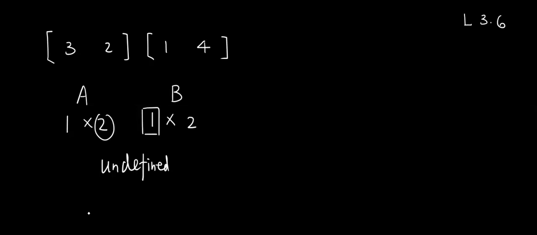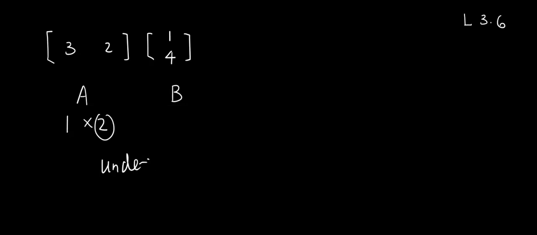Okay, what if this question is this? Instead of 1, 4, we have 1, 4, like this. Now, we're going to check the dimension for matrix B one more time. Row 2, column 1. This time, these 2 numbers standing in the middle, they're the same. Therefore, we will be able to perform a multiplication for these 2 matrices.